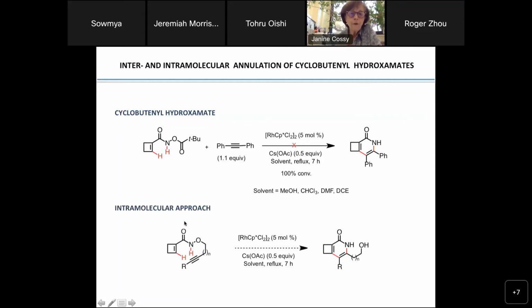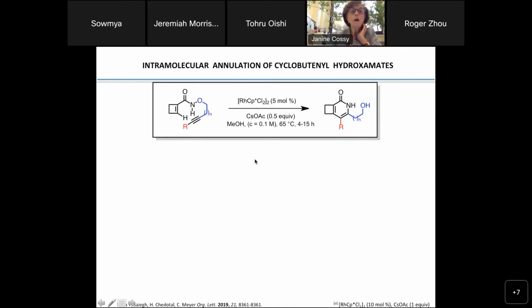So we prepare this kind of hydroxamate in here and treated this hydroxamate in the presence of a rhodium catalyst and a base in order to see if we can get the formation of this kind of bicyclic compound. So we prepare different compounds of this type, treated this compound by the rhodium catalyst and cesium acetate in methanol, and we observe the formation of the desired compound with good yield.